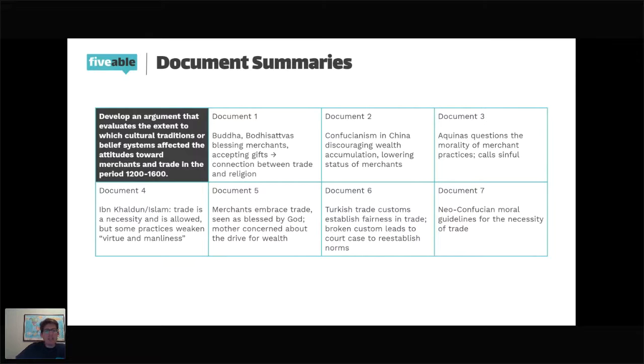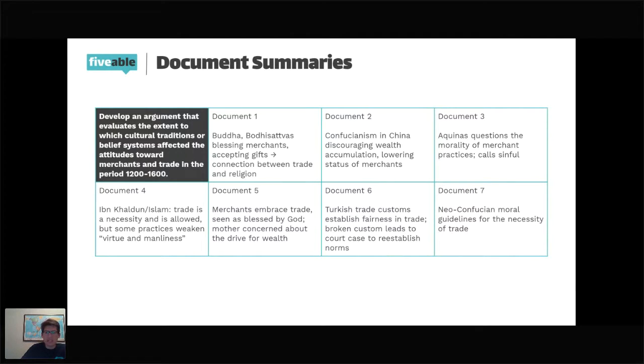To speed up a little bit here, document 5, we see a shift. Italian merchants, presumably Christian, they're talking about Our Lady. We definitely see in this case Italian merchants, Italy being an important trade center, which hopefully we can bring to the table.